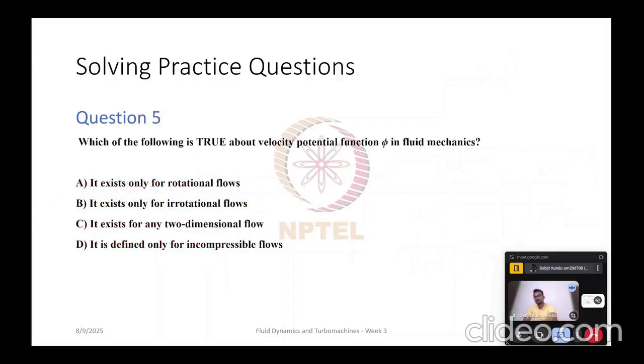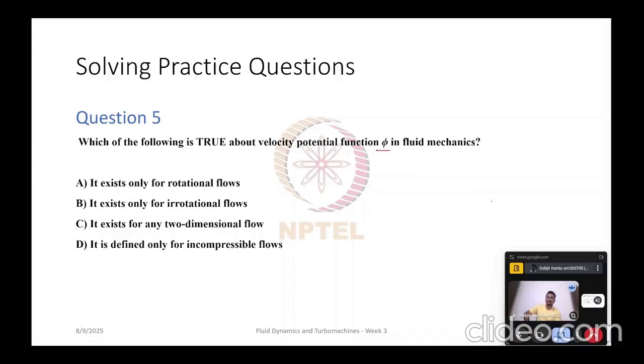Let's move on to question number 5, which is asking which of the following statements is true about the velocity potential function phi in fluid mechanics?